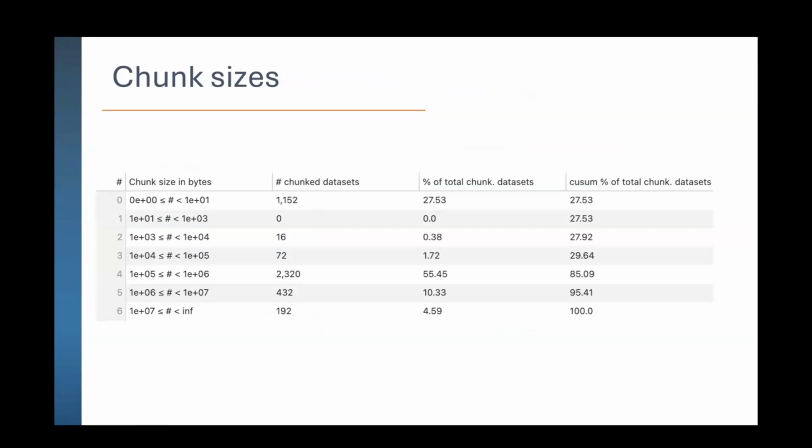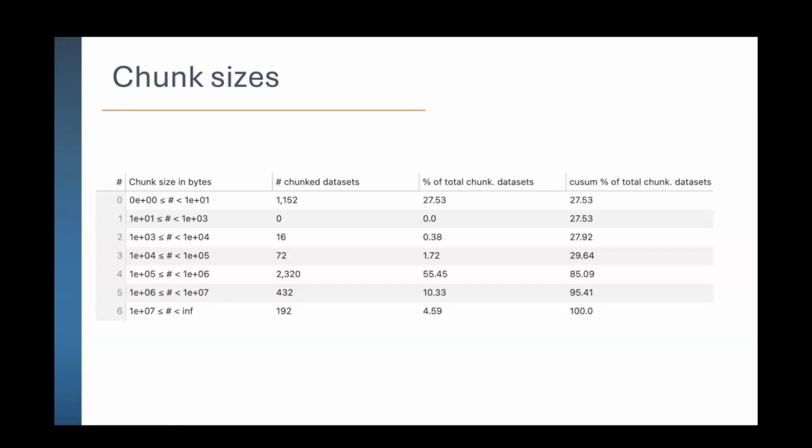First, why create a chunked dataset in the first place? However, this file has everything. And so they have almost 4.5% of datasets that have chunks bigger than the file page. In other words, these chunks are bigger than 10 megabytes. So one chunk is bigger than a file page.